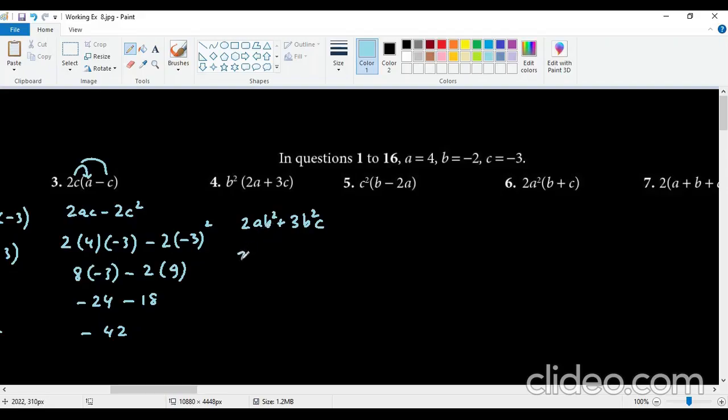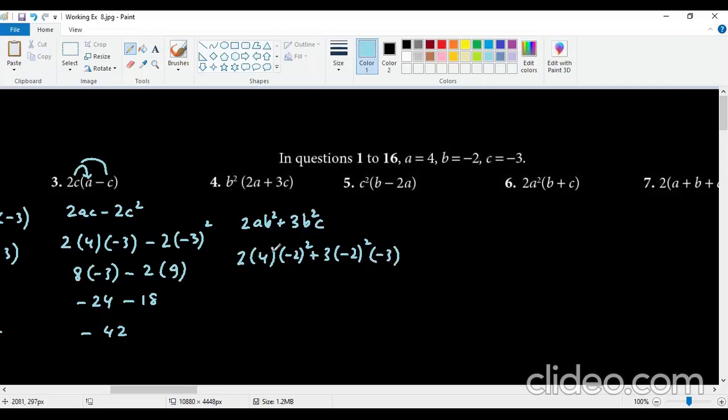So 2 times a value is 4 and b value is -2, which is squared again, plus 3 times b value -2, which is squared, and c is -3.